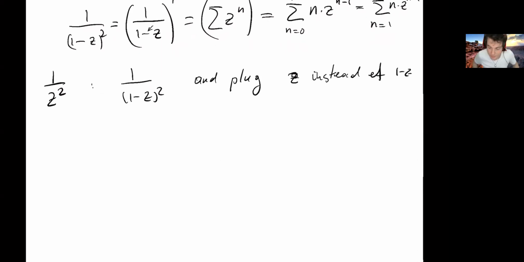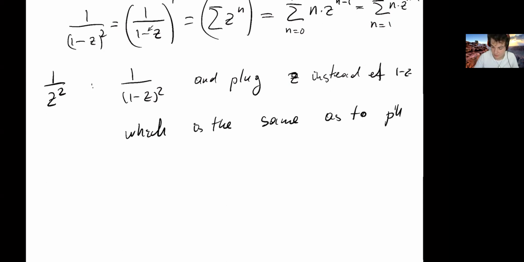And replacing z with 1 minus z is the same as to plug 1 minus z instead of z. Because if you take 1 minus z and plug 1 minus z instead of z, you will get z.